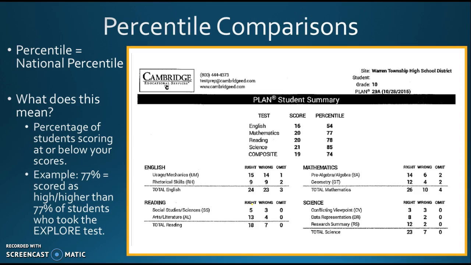For example, if your percentile score was 77%, that means you scored as high or higher than 77% of students in 10th grade who took the Plan test across the United States. It is important to note that for this test, a 50% or higher percentile score is noted as average. Therefore, if your percentile was 50% or higher, that means your score was average or above average.